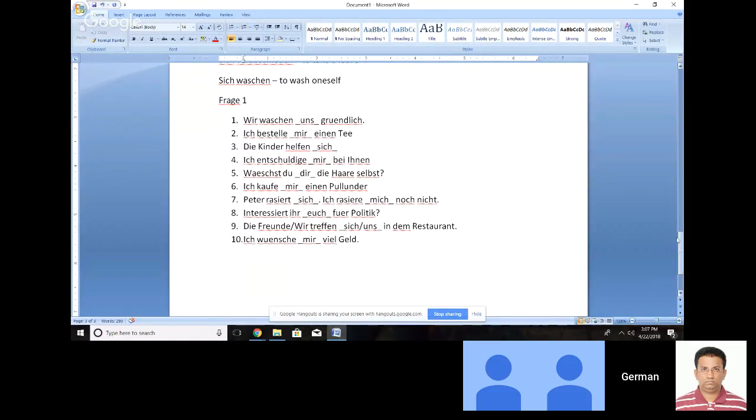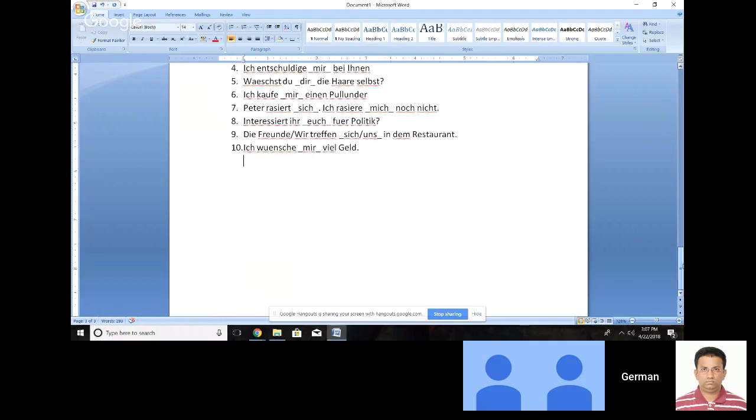These were reflexive verbs. Now we've learned prepositions before: accusative, dative, and Wechsel prepositions. As I mentioned, there are a few verbs which take fixed prepositions.